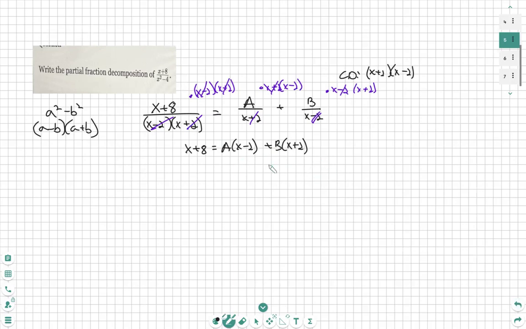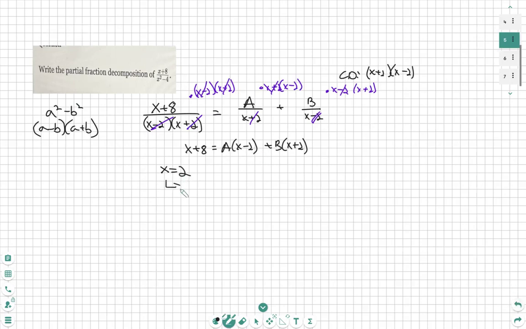In order to do that, we're going to have to set x equal to something that sets one of these parts equal to 0. So the first thing I'm going to do is set x equal to 2, because that will set this equal to 0.